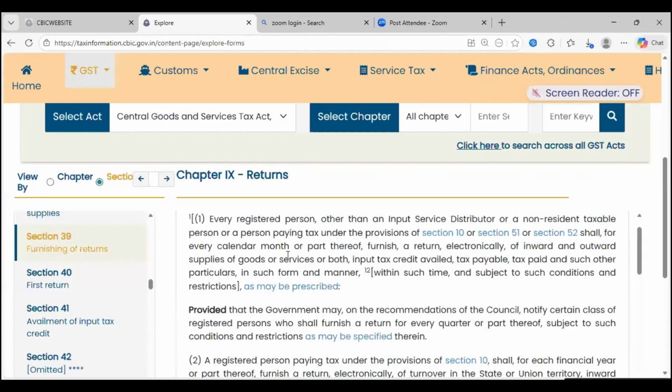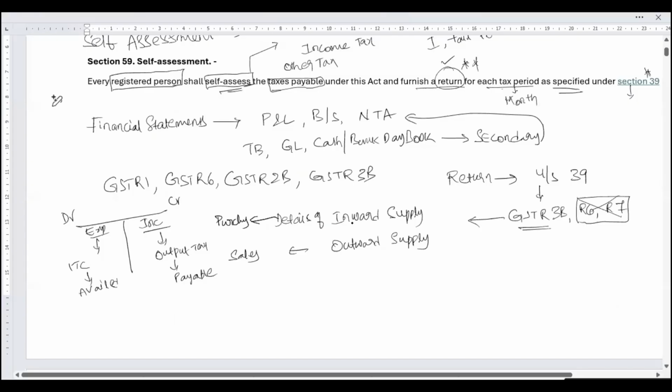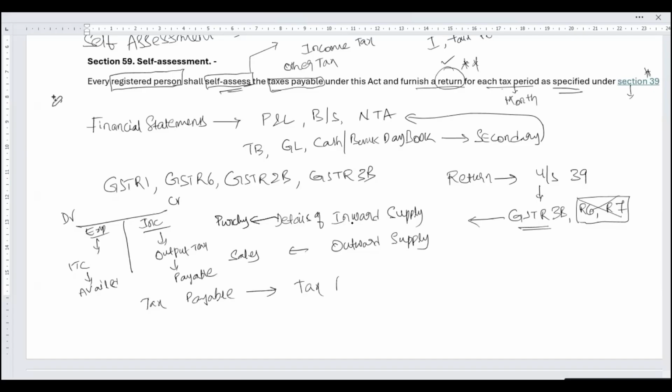They're saying that input tax credit availed, tax payable, tax paid. So tax payable is on the sales. How did you pay your tax? This is what they're asking. So when we say tax payable and tax paid, this tax payment will happen like this.